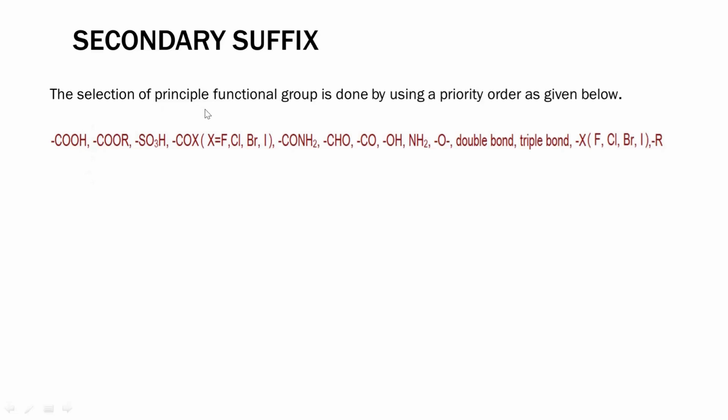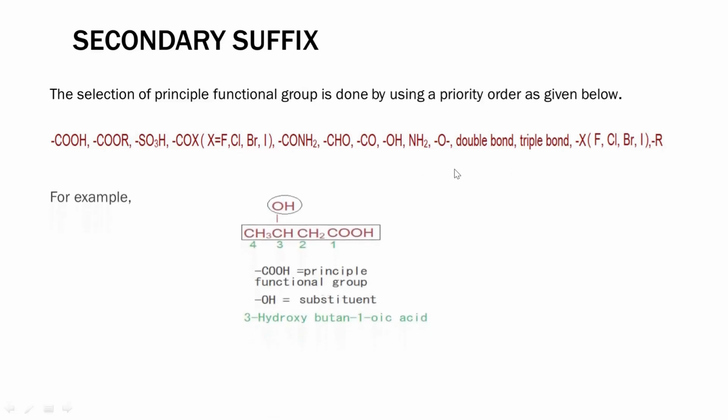The selection of the principal functional group is done by using a priority order as given below. So first priority is given to COOH group, followed by COOR, SO3H, COX, like this. In this order, if we see any group getting more priority than another, then this group is considered as the principal functional group and indicated by the secondary suffix.